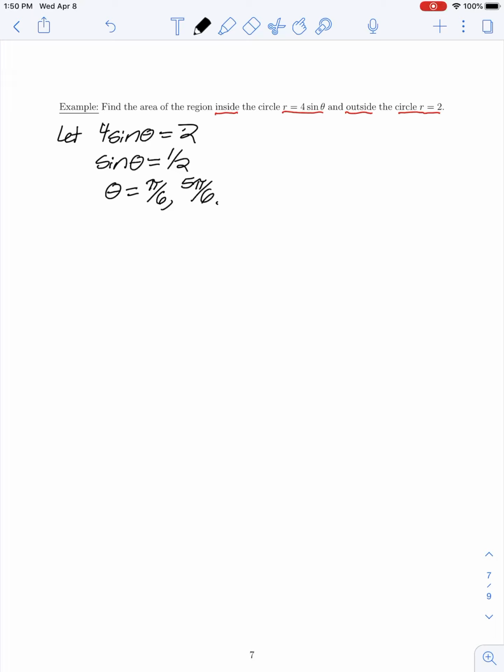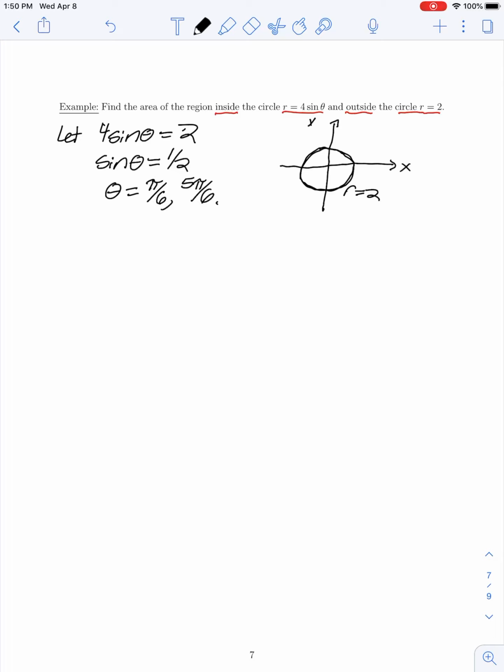So let's see if we can visualize our region here. So we're looking at a plane region in the xy plane, where one of our curves is the circle of constant radius 2. So we have a circle centered at the origin, constant radius.